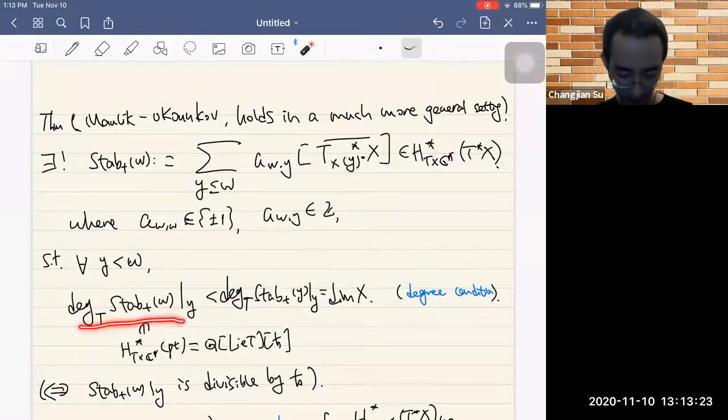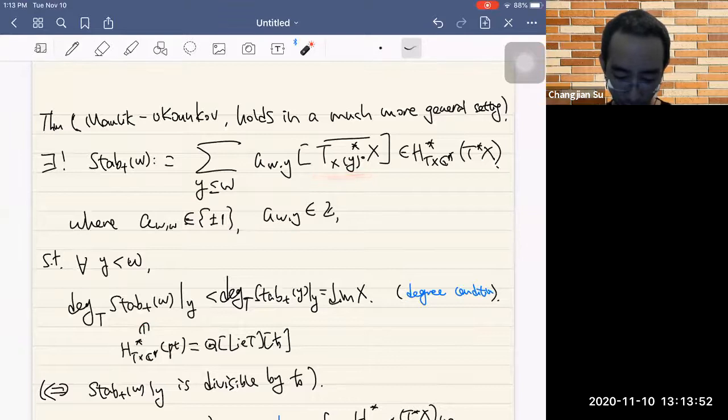This degree, which is some integer, has to be smaller than the degree of the stable class of y restricted to y. By definition this equals the dimension of X, because if you look at this element and restrict it to itself, then the only contribution is the one coming from the leading term.